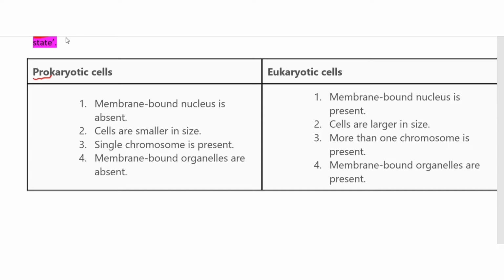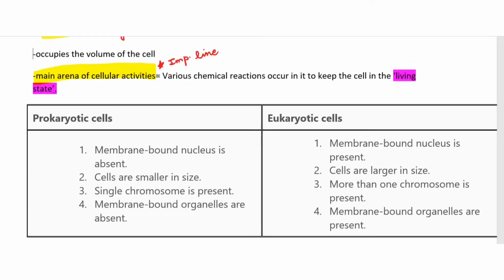The word pro means primitive and karyon means nucleus. So prokaryotic cells means cells having primitive nucleus, and eukaryotic, the term eu means true, so real. Okay, and karyon again means nucleus, so it has a true nucleus. So I told you, whenever there's a new term in biology, try to split the word and derive its meaning from the very word itself.